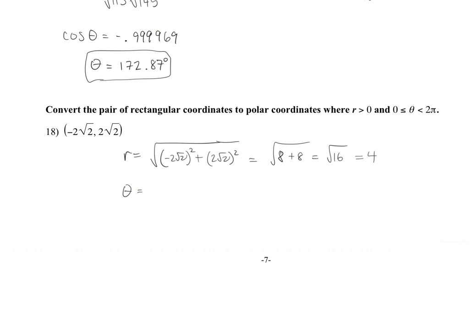And then theta is the inverse tangent. But in rectangular coordinates, this would have been in quadrant 2. So that's going to be 3 pi over 4 radians. So the point has an r value of 4 and a theta value of 3 pi over 4.